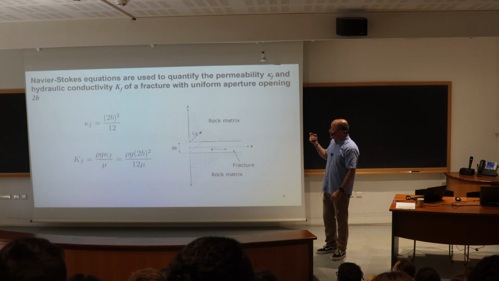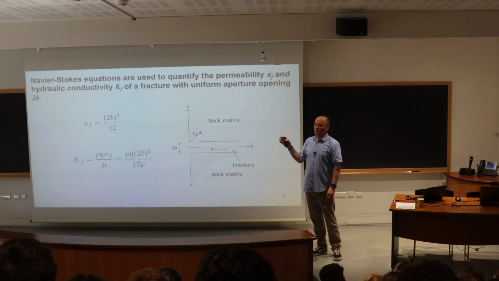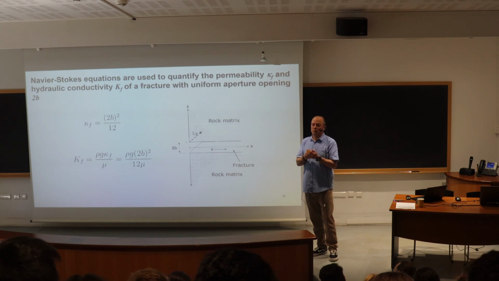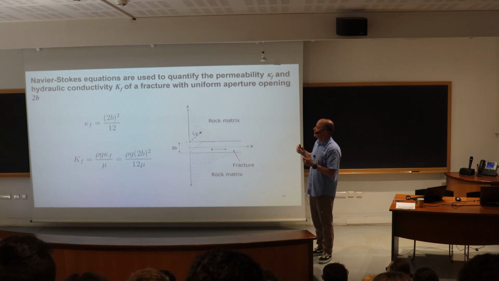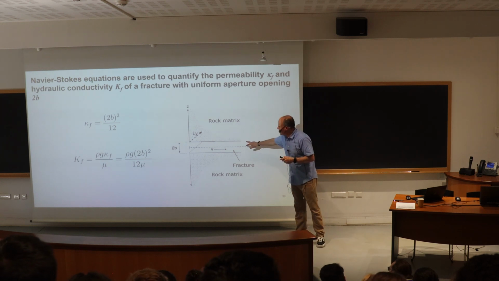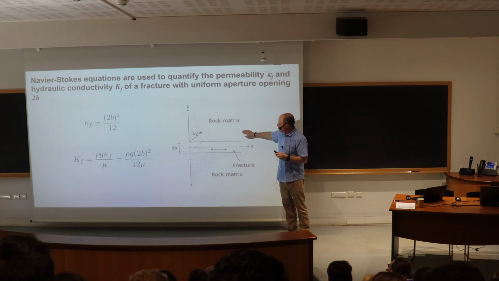The basic equation or relationship that is used for the various approaches, even the discrete fracture network approaches or the multiple continuum, is based on a very simple representation of a fracture as a space between two parallel plates. So we have a matrix here. We have a fracture.